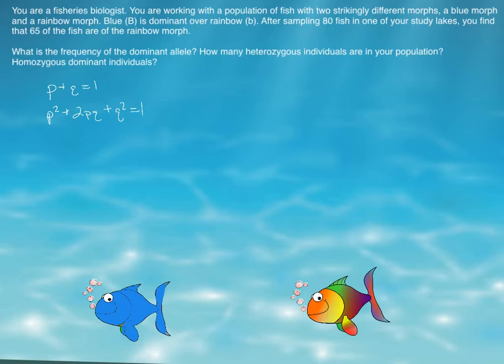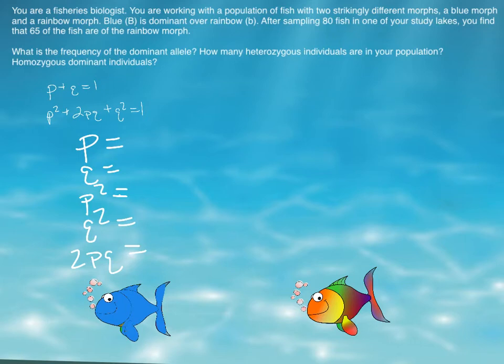So next let's recall each of the parts of those equations. So we have our p, we have our q, we have our p squared, we have our q squared, and we have our 2pq. So all the parts in the equations above we have here, and just a quick recall of what they mean.